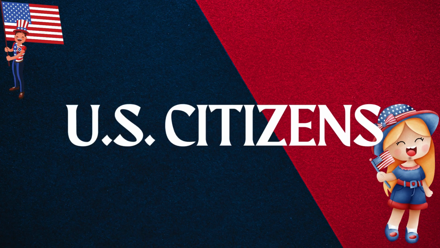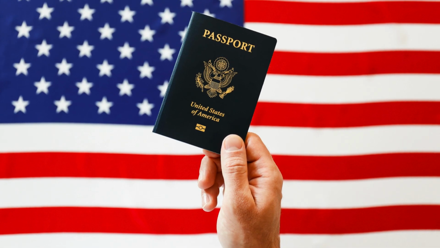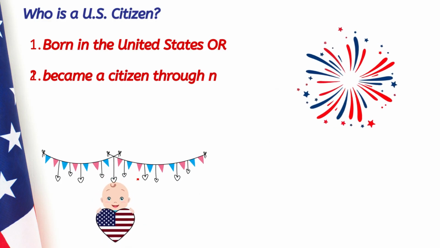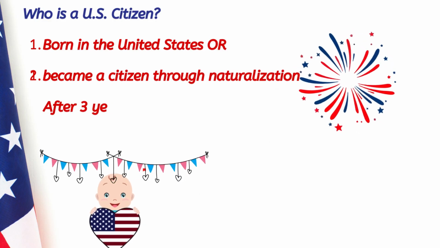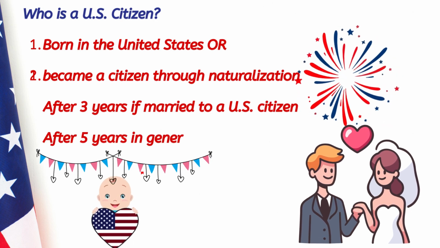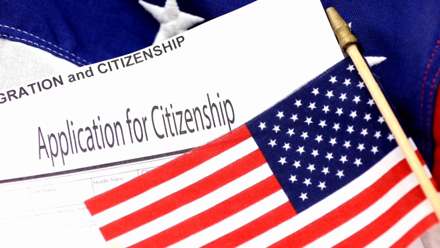The first is being a US citizen. Now, a US citizen is someone who was either born in the United States or became a citizen after living in the United States for 3 years, that is, if this person is married to a US citizen, else 5 years, and completing the naturalization process.